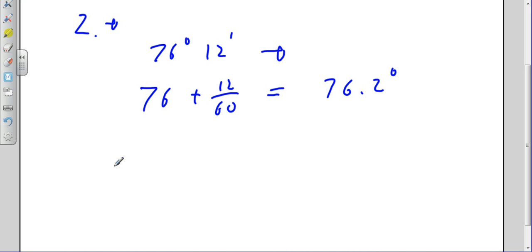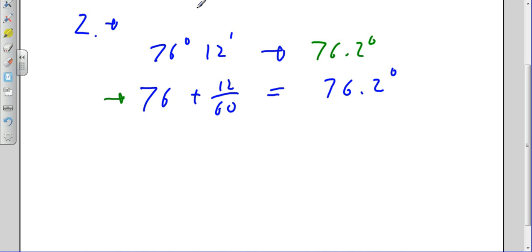So you could put in your calculator 76, math, move over to degree, minutes, seconds, degrees, 12, then hit the math function, move over to DMS, drop down to minutes, and then hit the return key, and it'll turn your 76 degrees 12 minutes directly into 76.2 degrees. So you can skip that step altogether and just use your calculator to get there, assuming that you have a TI 36 calculator.